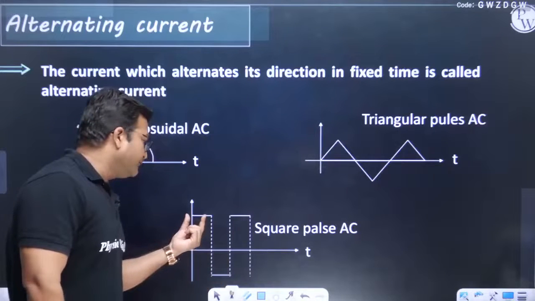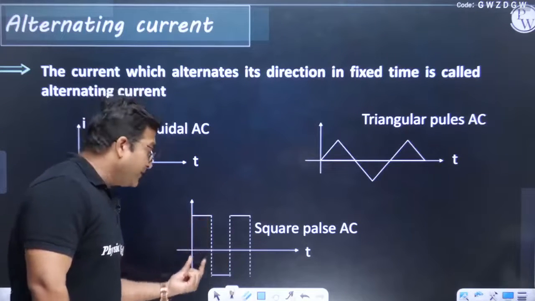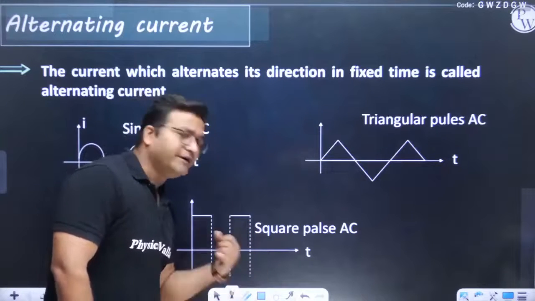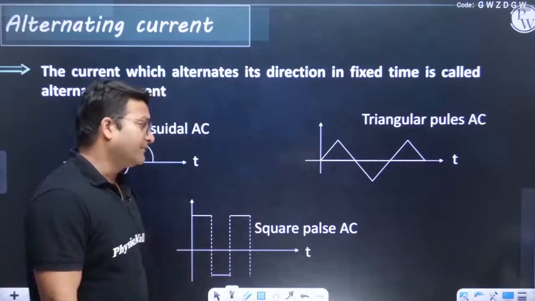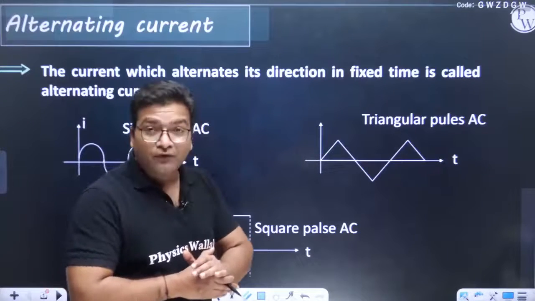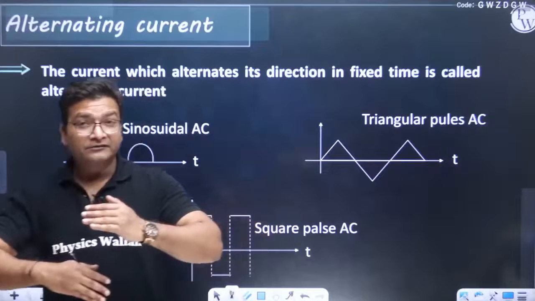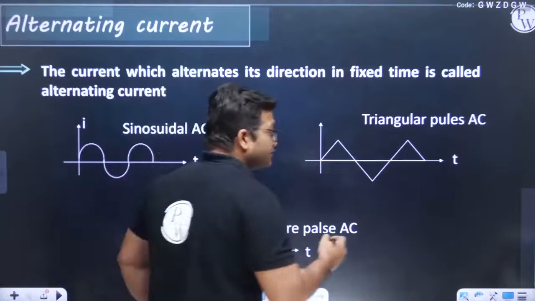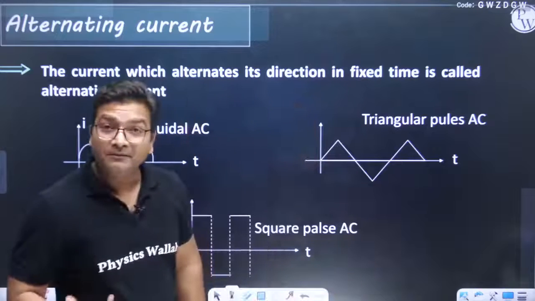So here also we see positive for some time and equally negative for some time, then again positive and again negative. So the main important condition is that current or voltage should alternate their directions in a fixed interval of time, and the net average of any alternating quantity must be 0.